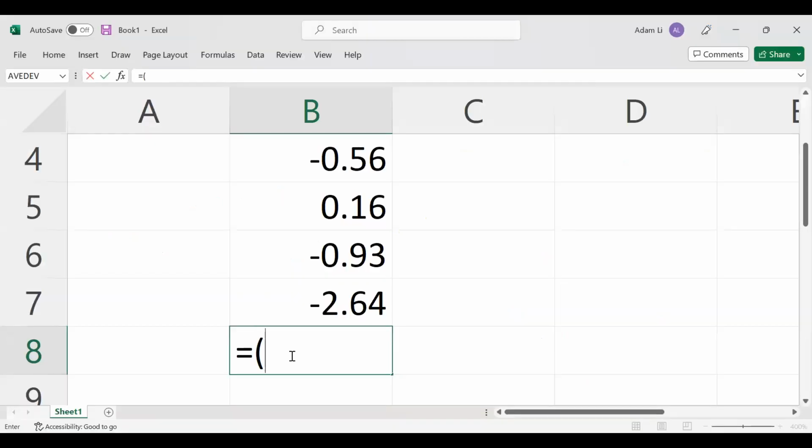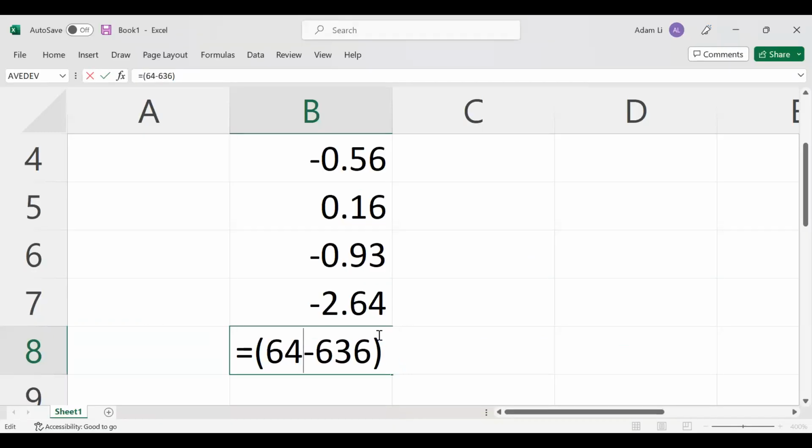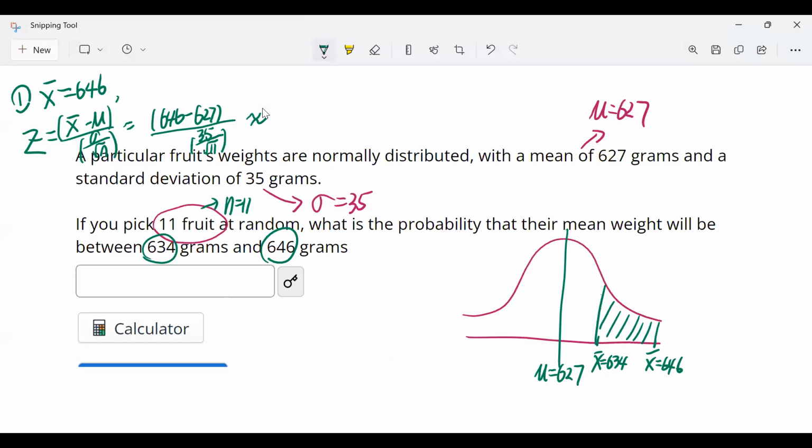Equal to 646 minus 627, and divide by the standard deviation, 35 over square root of 11.